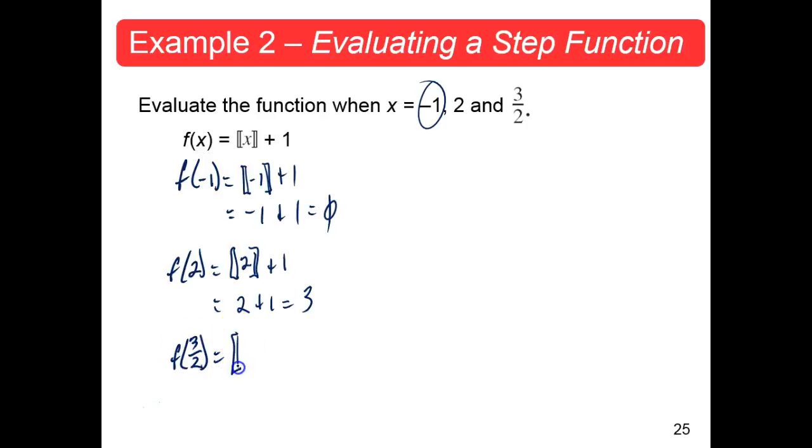What's the greatest integer in 3 halves, plus 1? Okay, greatest integer in 3 halves is 1. The greatest integer less than or equal to 3 halves, that's 1, plus 1, that's 2.